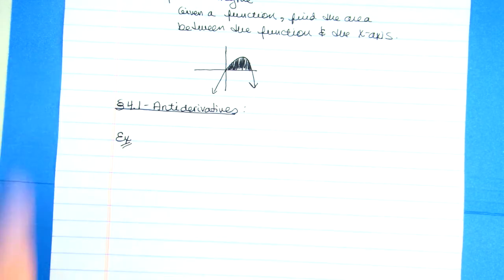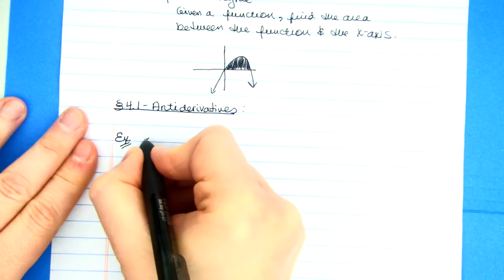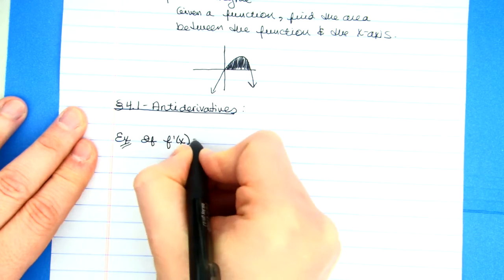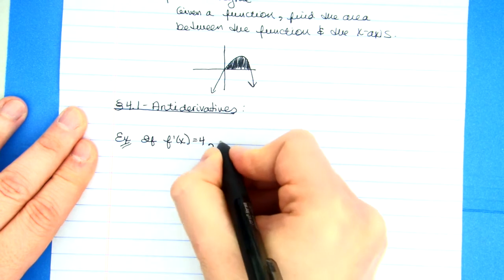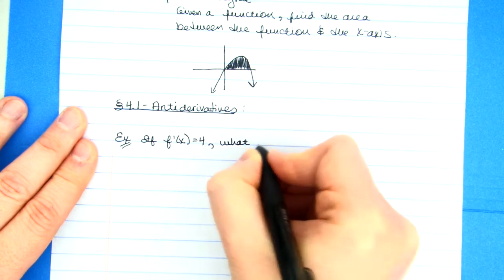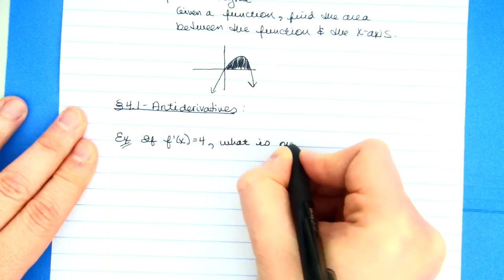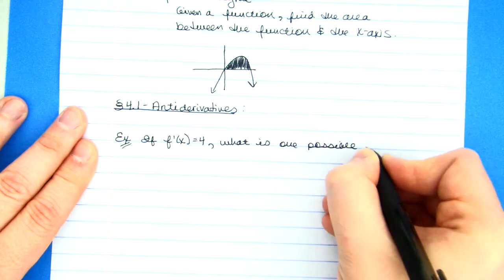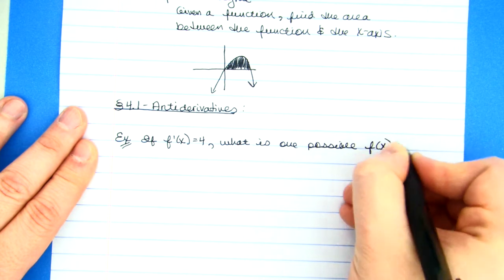First example. If f prime of x equals 4, what is one possible f of x?